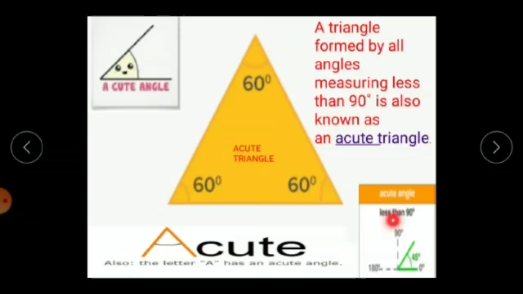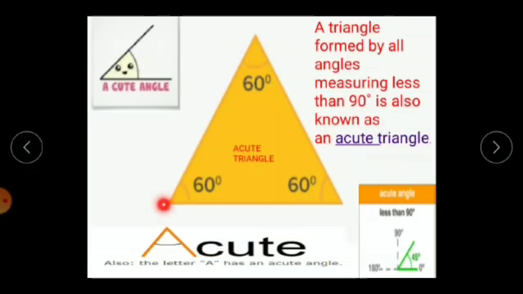An angle whose measure is less than 90 degrees is known as an acute angle. Also, the letter A has an acute angle. A triangle formed by all angles measuring less than 90 degrees is also known as an acute angle triangle.